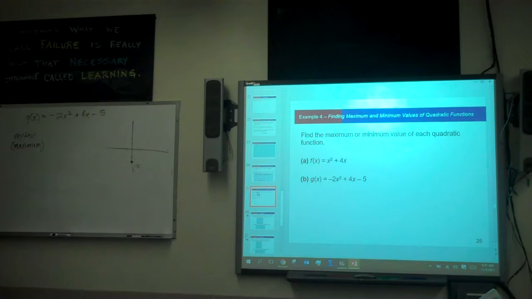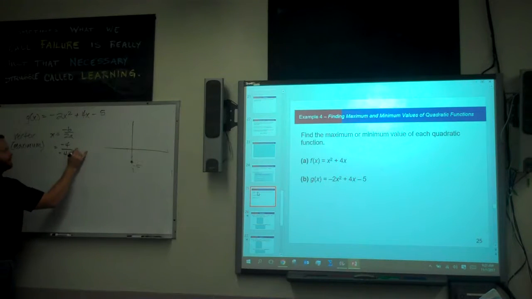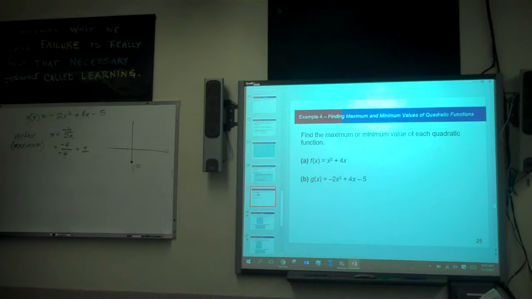Okay. Opposite b, so x is the opposite b over 2a. So negative 4 over negative 4 gives me 1 back, right? So the x coordinate is 1.